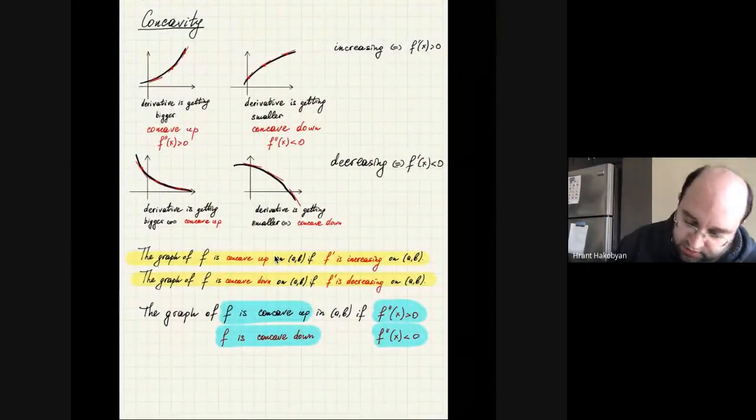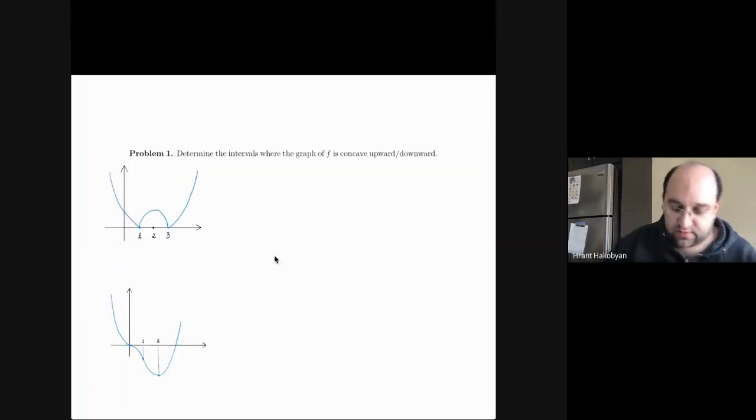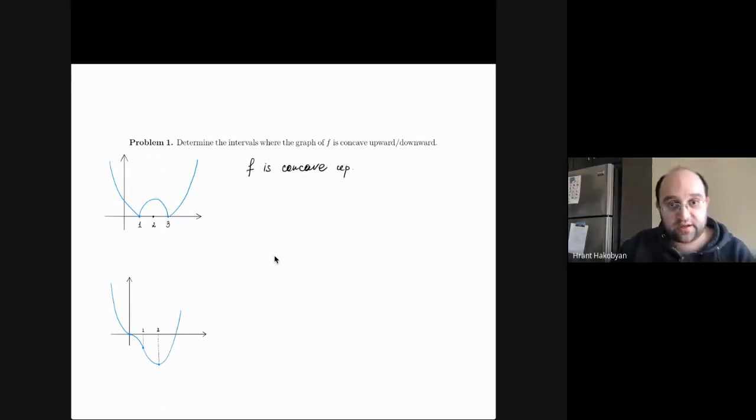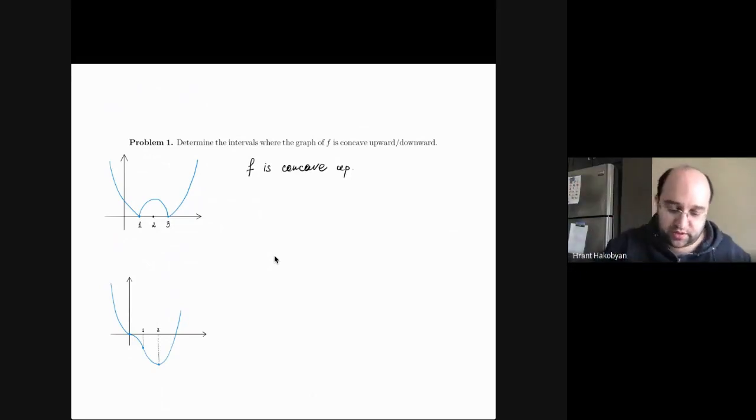So now let's do an example. Let's do two examples. Determine the intervals where the graph of the function is concave up or concave down. In the first one, f is concave up. Again, concave up means it's bending up, or the slope is becoming bigger and bigger.